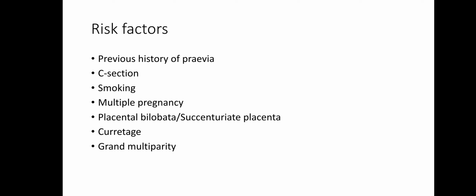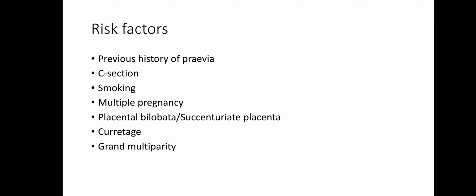So risk factors of previa: previous history of previa, and C-section are among the most common causes of placenta previa. We have smoking, because basically the reason the placenta attaches to the lower uterine segment is that the other parts of the uterus are not as healthy or the blood vessel supply is not as much.